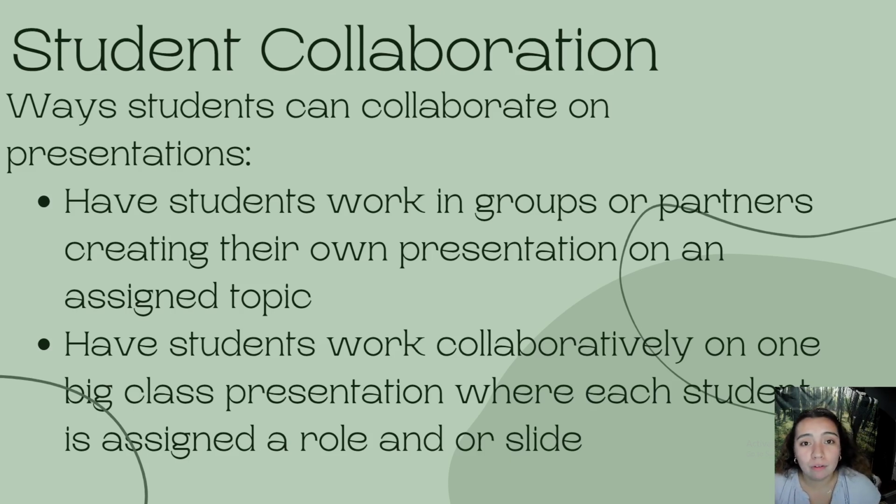You can have students work collaboratively on one big class presentation throughout the year, where each student is assigned a role and or a slide. Maybe you could assign each student a letter, and then have them pick an object that starts with that letter, and then their whole slide can be about that specific thing or item they chose. There's honestly endless possibilities.